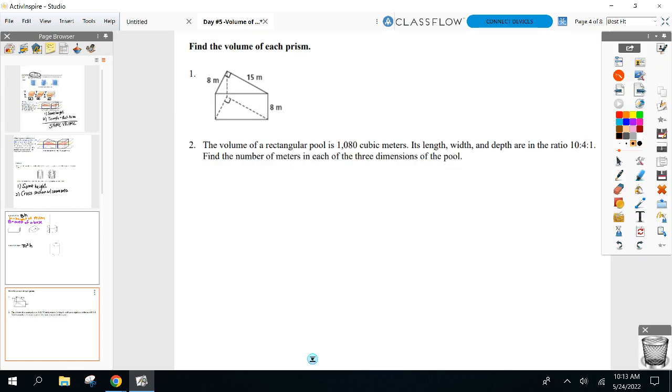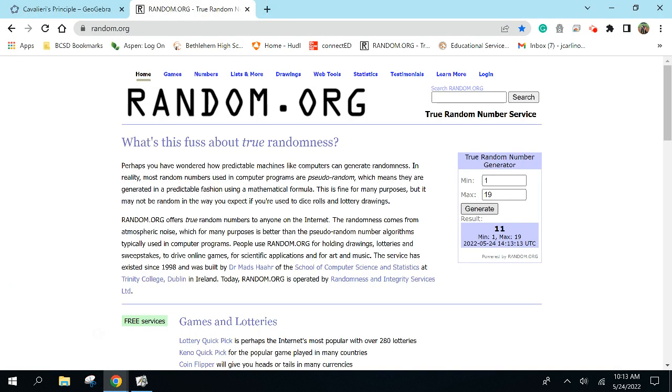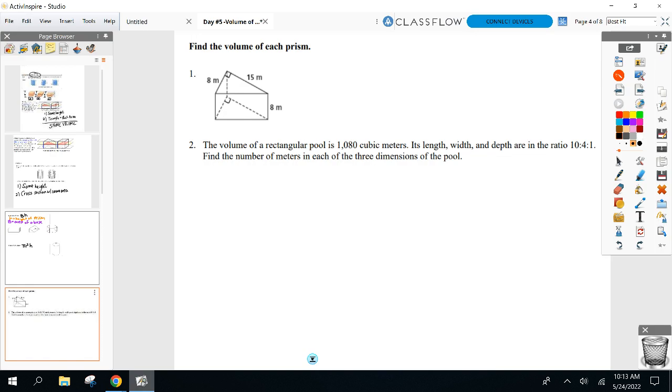All right, find the volume of this prism. Name it first. What type of prism am I finding the volume of here? Triangular prism. So everyone got V equals BH.